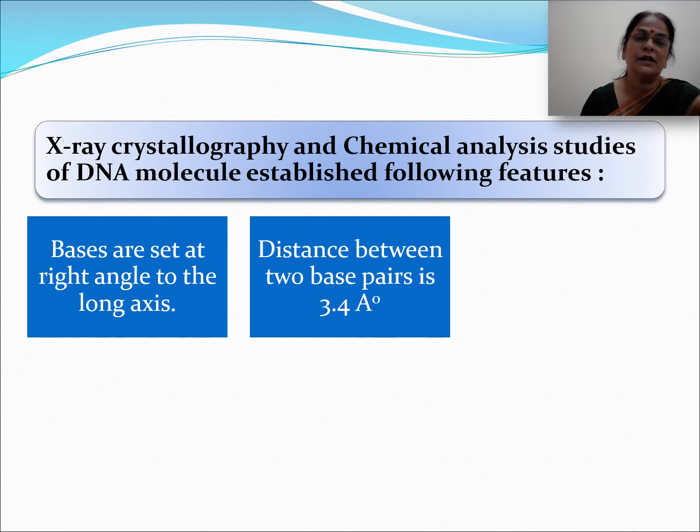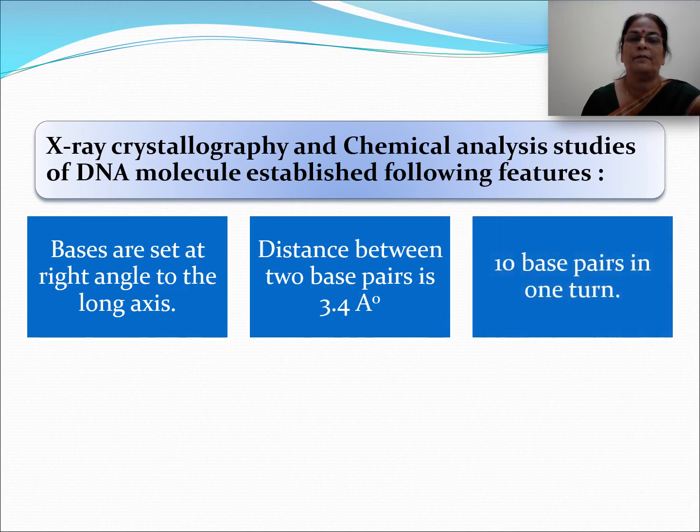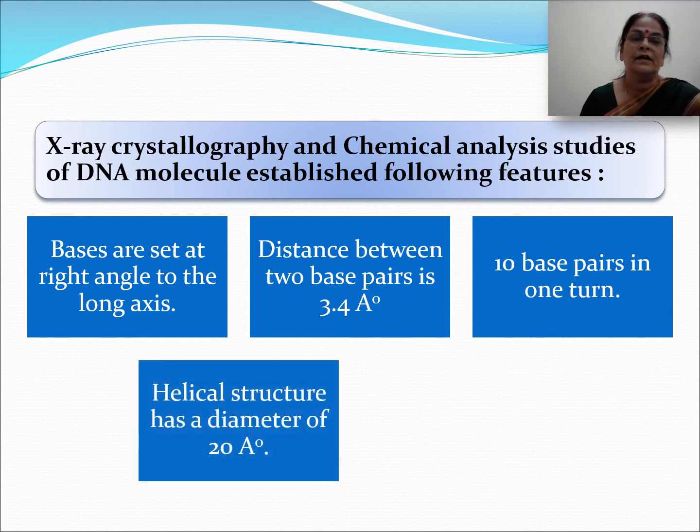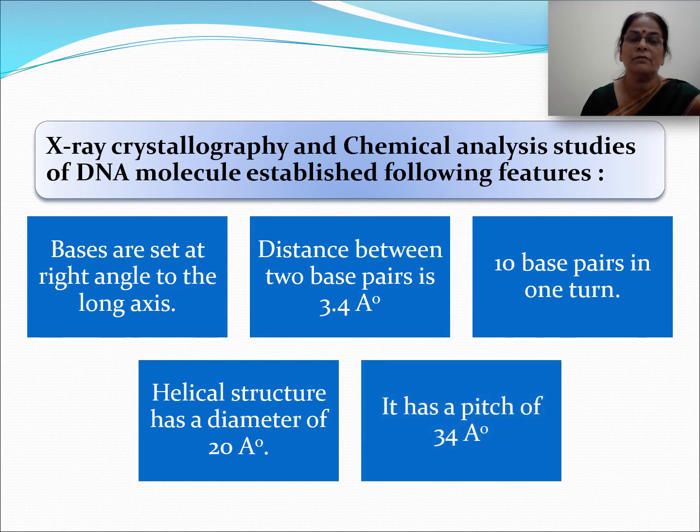Here comes a new thing. The distance between two base pairs is 3.4 angstrom. And there are 10 base pairs in one turn. And this helical structure has a diameter of 20 angstrom. So it has a pitch of 34 angstrom.